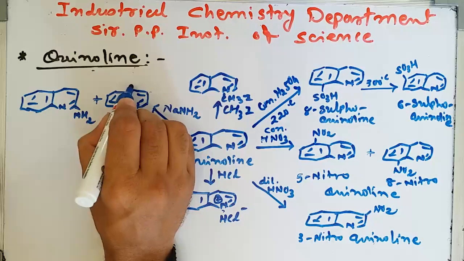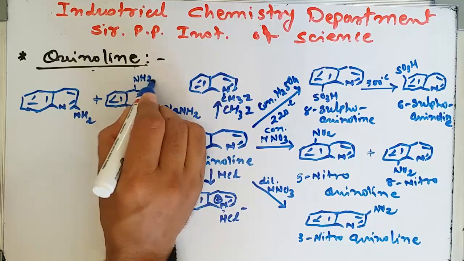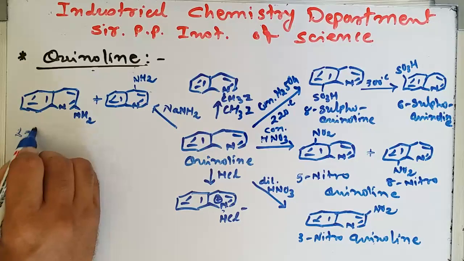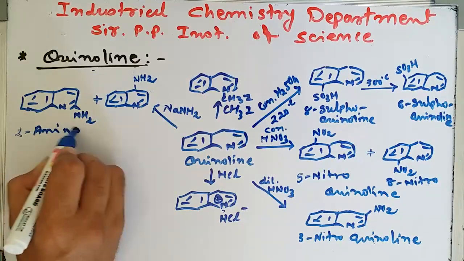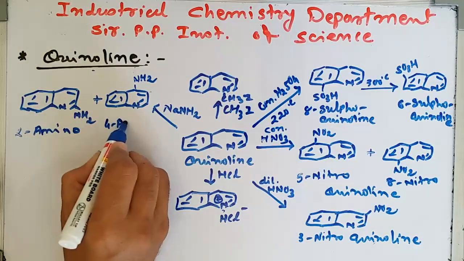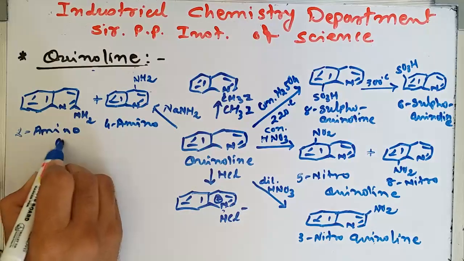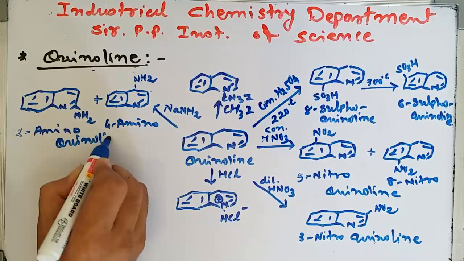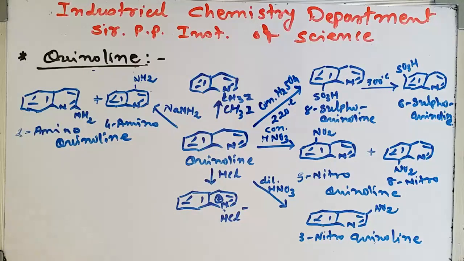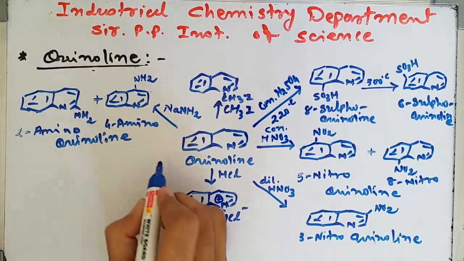This is 2-amino and 4-aminoquinoline. So amination takes place at 2 and 4th position. Now we see alkylation with the help of lithium.